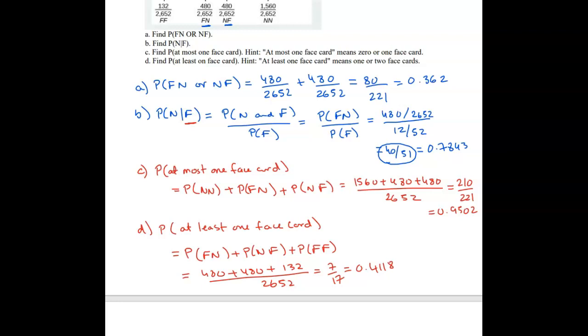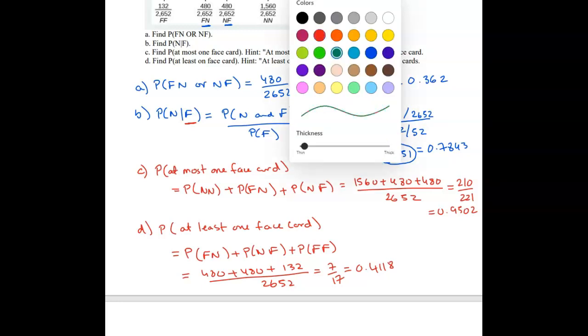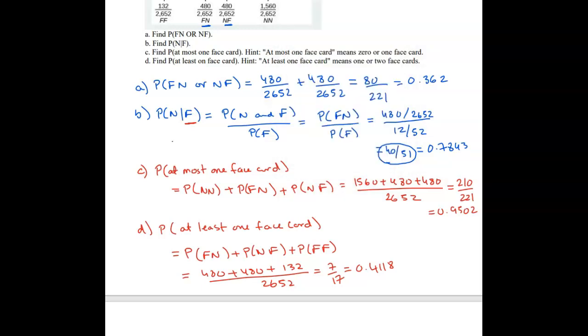All right. I want to just mention one more thing with these. Often, when you find the probability of at most or at least, you can do it using the complement. Okay?